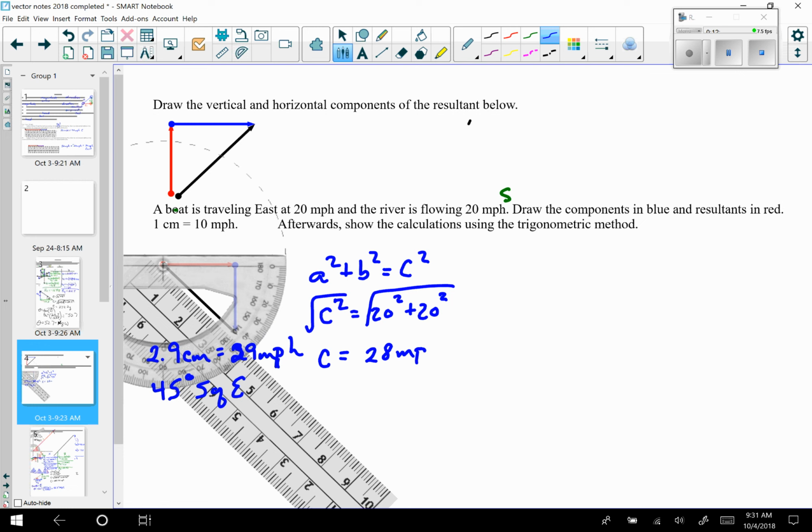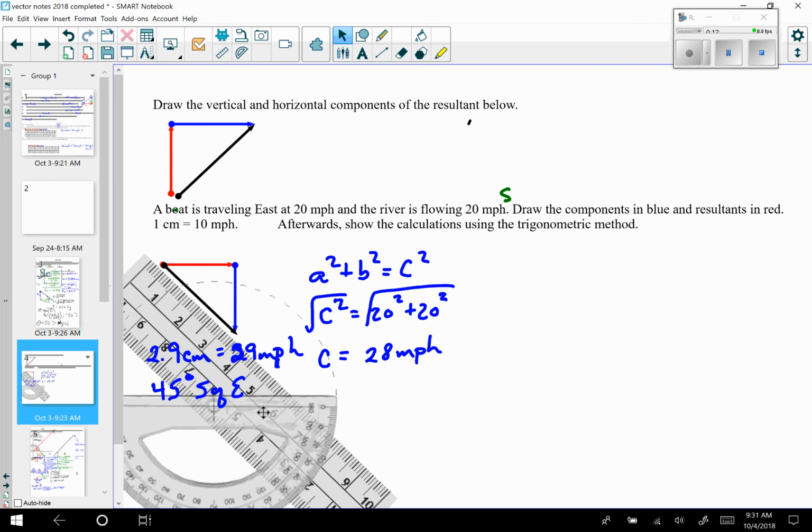Okay. Well, now we have to figure out what the angle was. Well, if you look at the triangle here, I know the adjacent side, which is my red side. And I also know the opposite side, which is my blue side here.